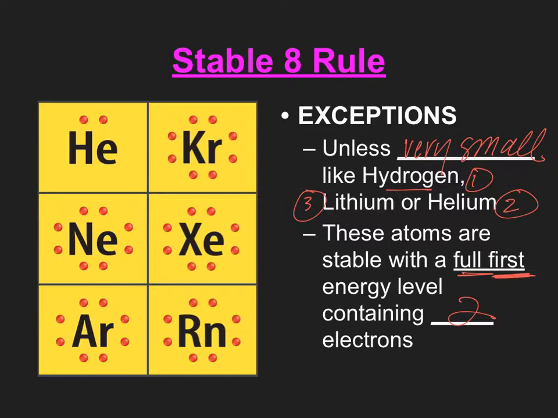So if you think back to that first diagram we did with the nucleus and then the energy levels holding 2 and then 8, an atom can be full at 2 if that's its only ring. So this helium atom is full with just 2 electrons. And hydrogen can be that way too, as can lithium. And so we'll diagram it out and get a feel for how that's full, even though it only has 2.